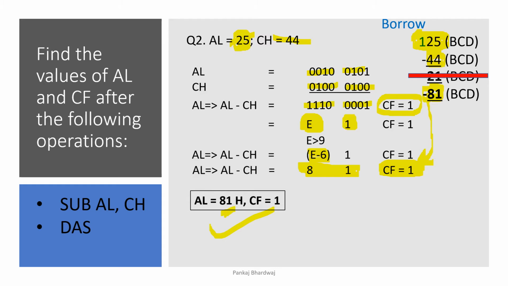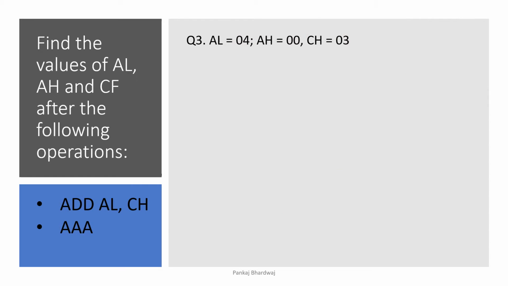So the answer is 81 along with a carry flag, because a borrow was initially taken, since the number from which we are subtracting is lesser than the number we are subtracting. Clear? Next question is, we need to find the values of AL, AH and CF after the following operation. First we add, and then we find the values of the registers after AAA.